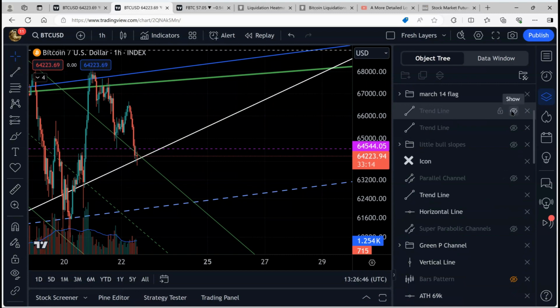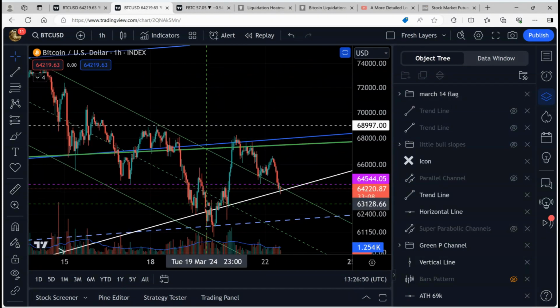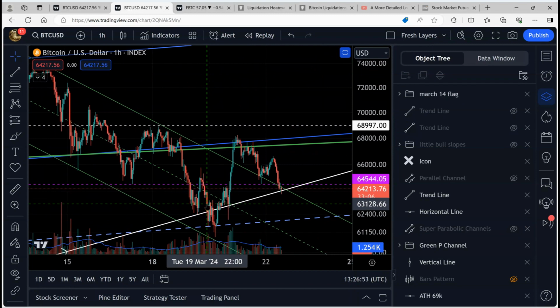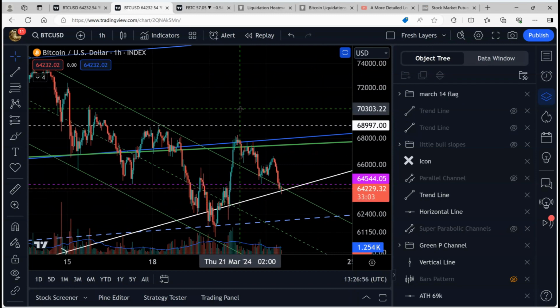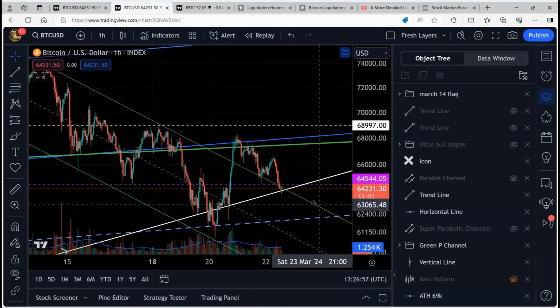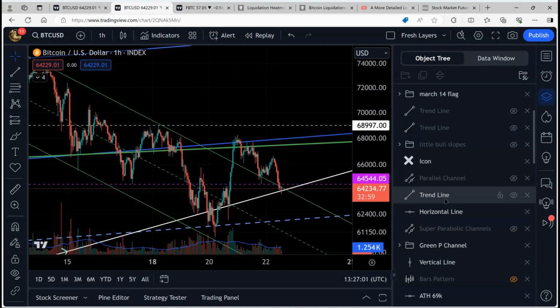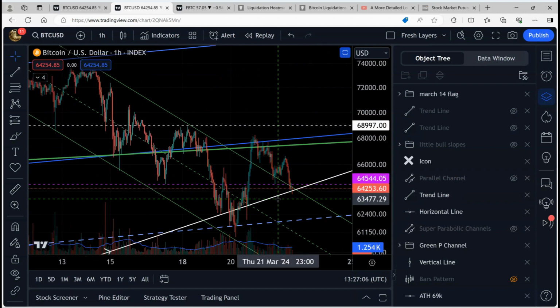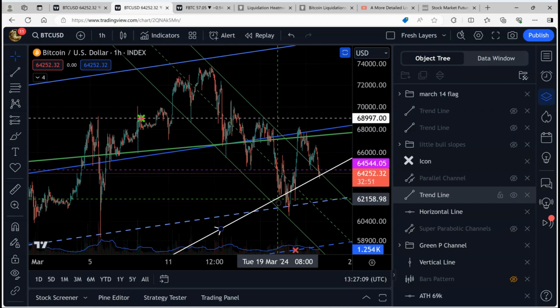There we go. Okay, so we got those turned off. I can turn this horizontal line off probably. I should probably leave it. It's going to come in handy some other time.